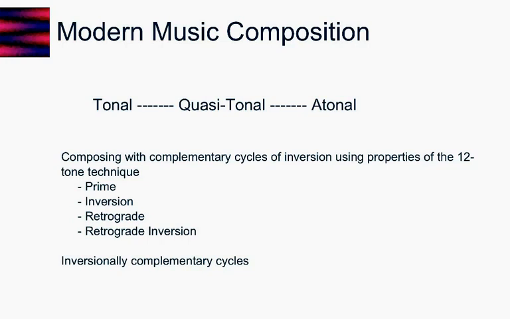In fact, atonal music is taking all 12 tones of the chromatic scale and not weighting one tone over the other. They're all pretty much equal. So in other words, the triadic structures in atonal music don't really apply in the same manner as they do in tonal music.